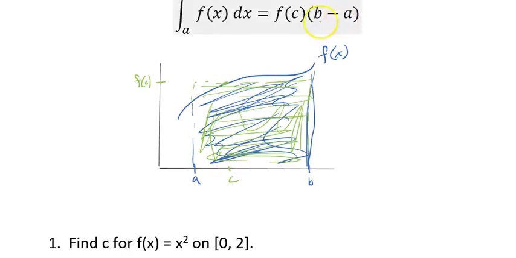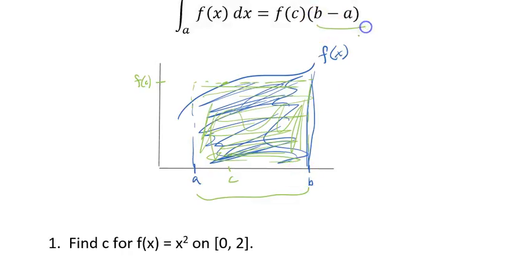But that's what they're saying, that there is a point that you can find where the area of a big rectangle is the same as the area found underneath the graph. Now, how did they get this f of c times b minus a? Well, that's just how you get your rectangle. The b minus a is what gives you this distance here. Like if b was 8 and a was 2, you would subtract and say, okay, that distance is 6.